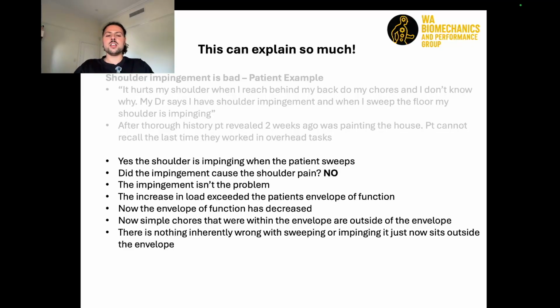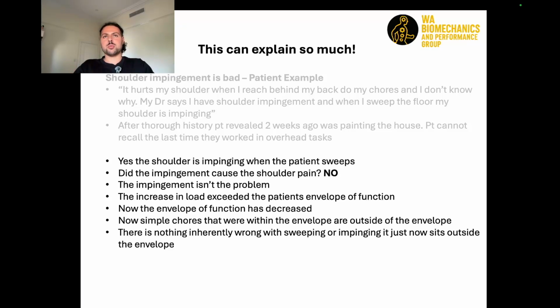Okay, so yes, the shoulder probably is impinging when the patient is sweeping. And like we know with shoulder impingement, I think it happens in over 50% of asymptomatic individuals. And did the impingement cause the shoulder pain? No, the impingement isn't causing the shoulder pain, okay?